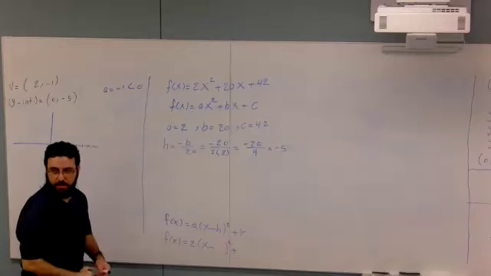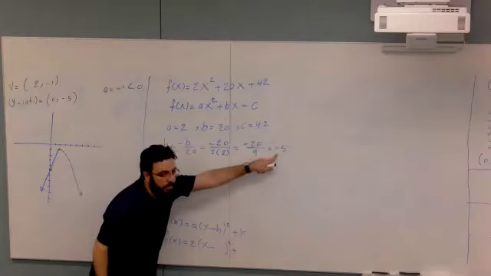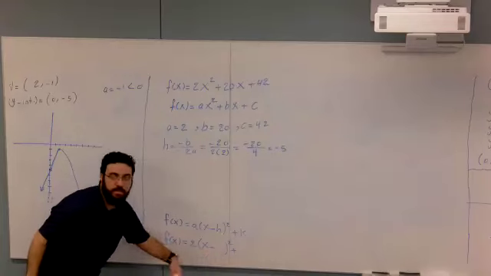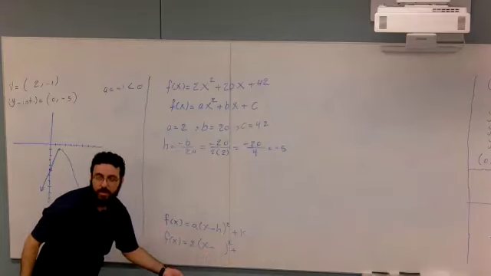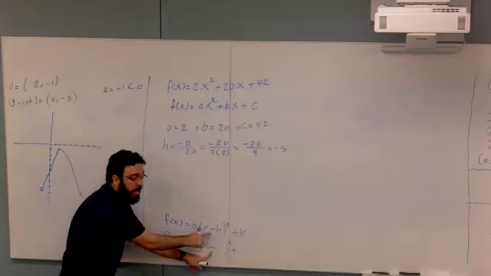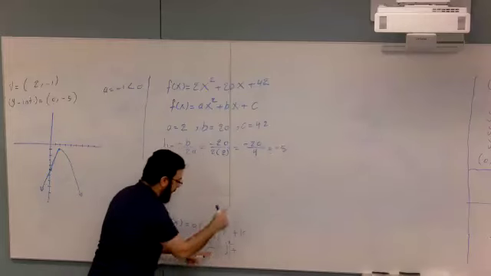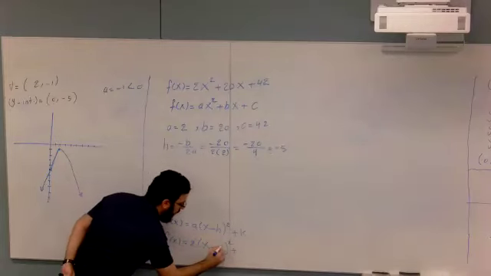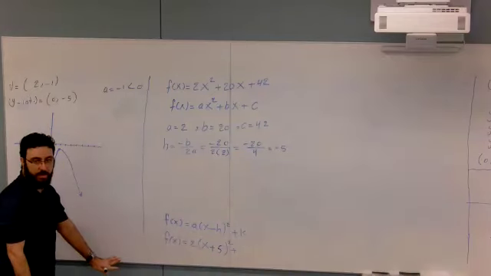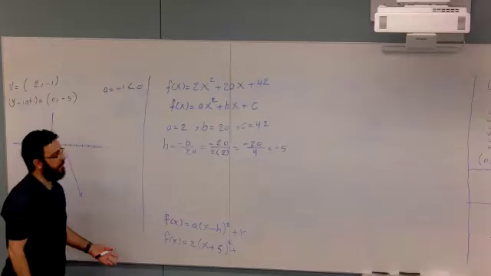Is that hard? So h is negative 5. And in the formula, it's going to be x minus negative 5, which is plus 5. Is that okay? Now what else do I need to find?